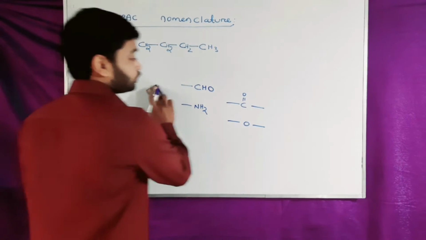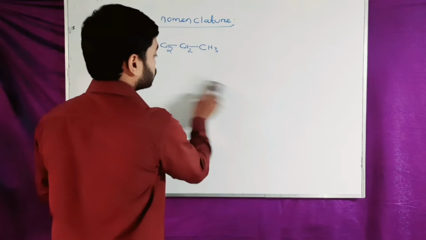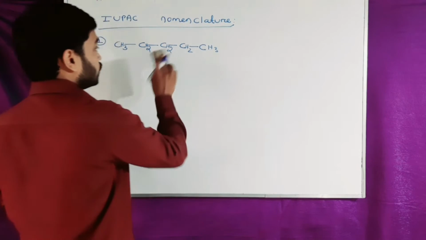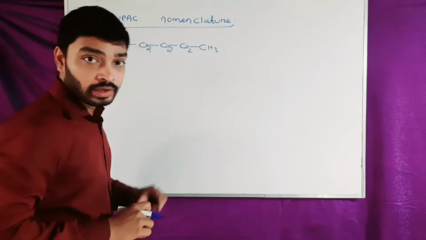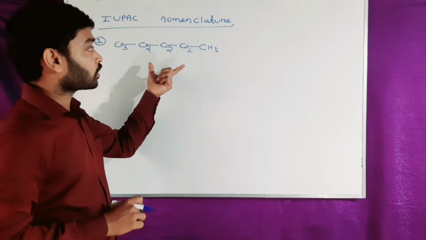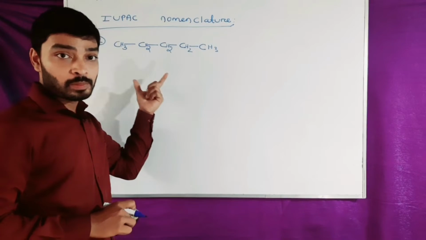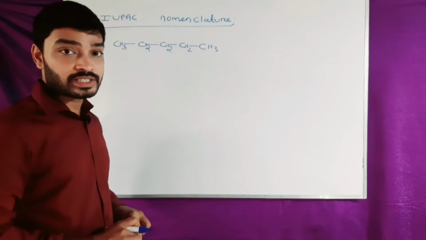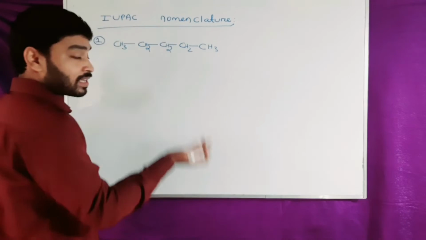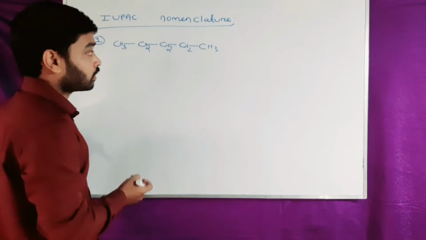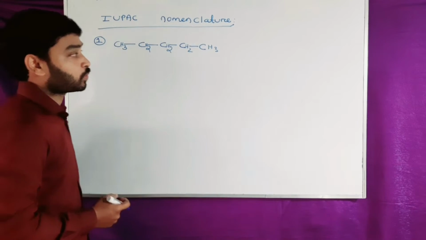So it is a straight chain organic compound. I am going for this compound's nomenclature. If you have completed it, mention it in the comment section and match your answer with the answer I am going to express before you.